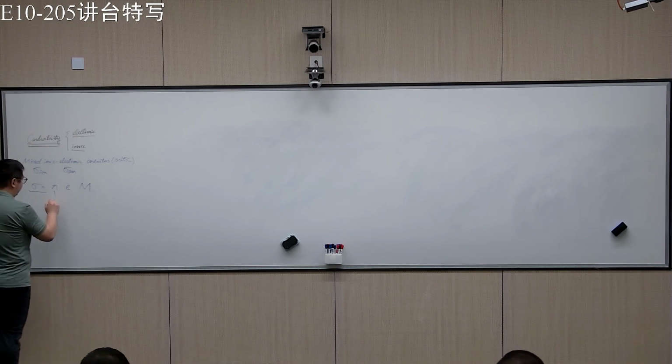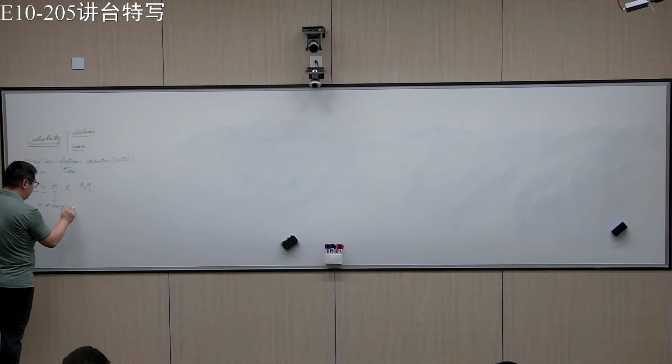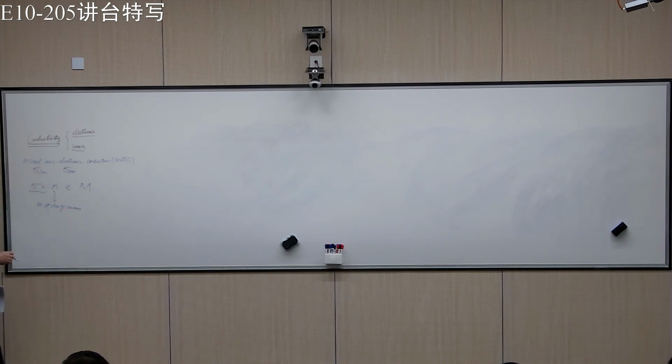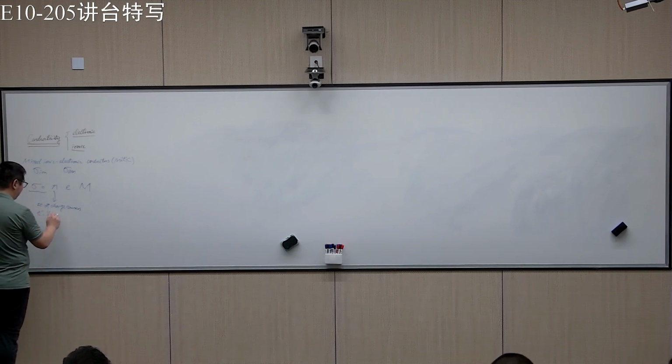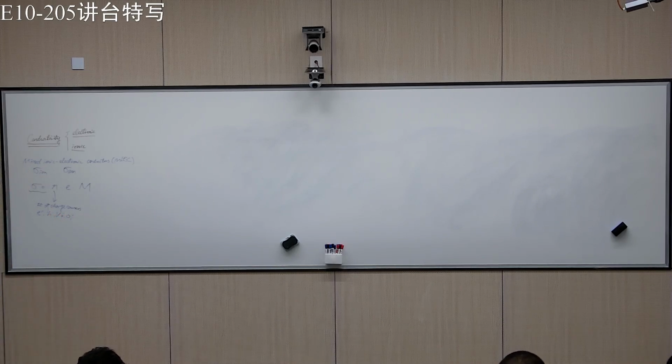N is here the number of charge carriers. They can be electrons, holes, or, for example, oxygen vacancies, depending on what kind of carrier you have. Then e is the elementary charge.